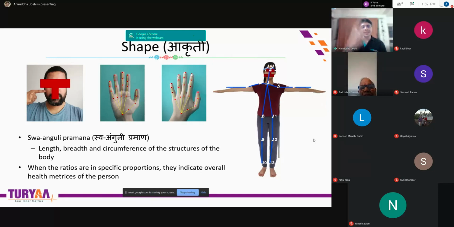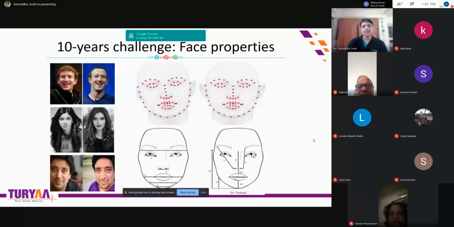For example, on the first slide itself, I showed that your face could be square, rectangular, elliptical, and so on. And based on that, we can find out some traits about your personality, and based on that, further guidance can be given. Again, I will skip this slide, but okay, I will explain.